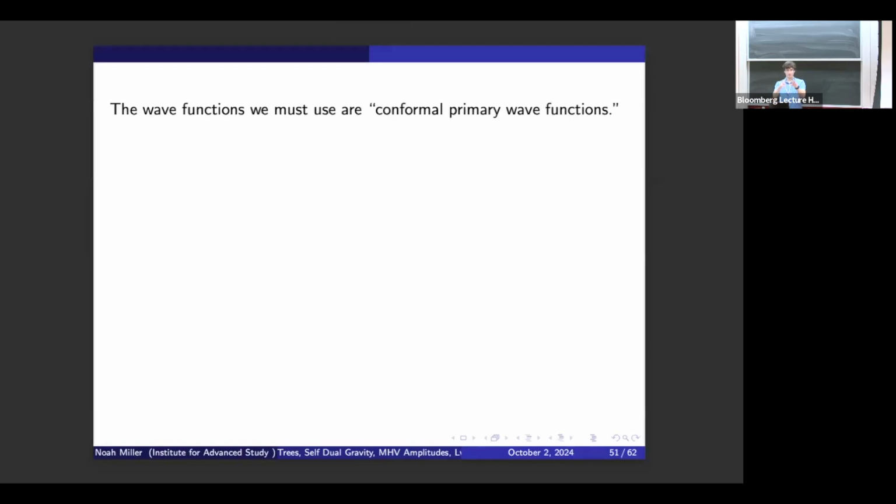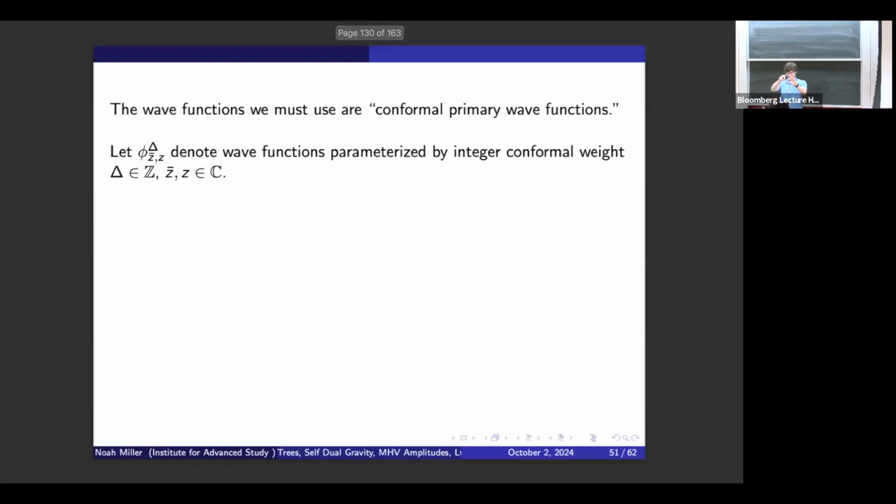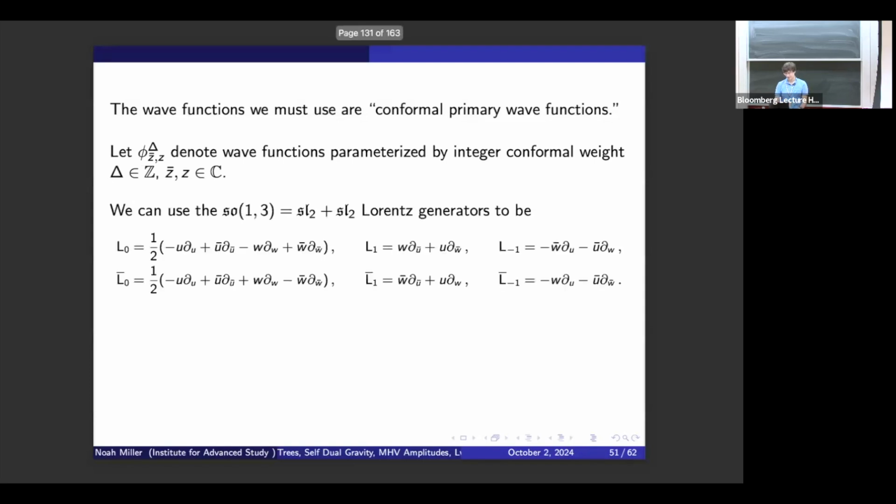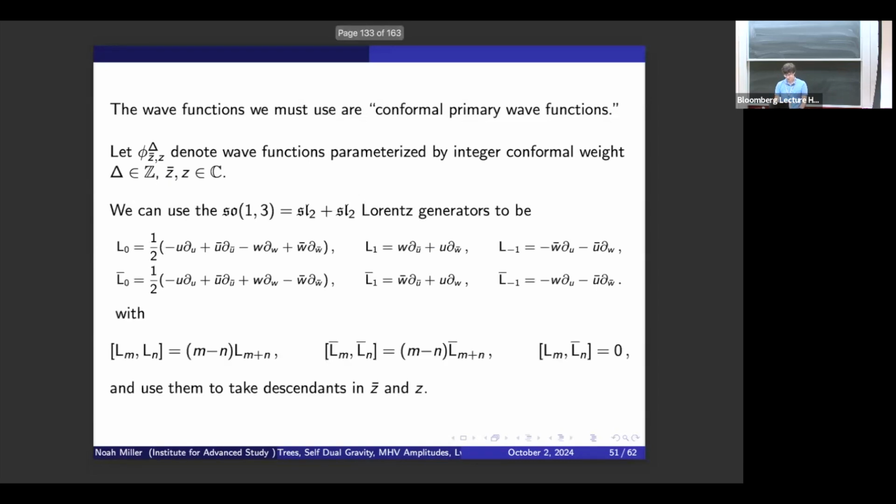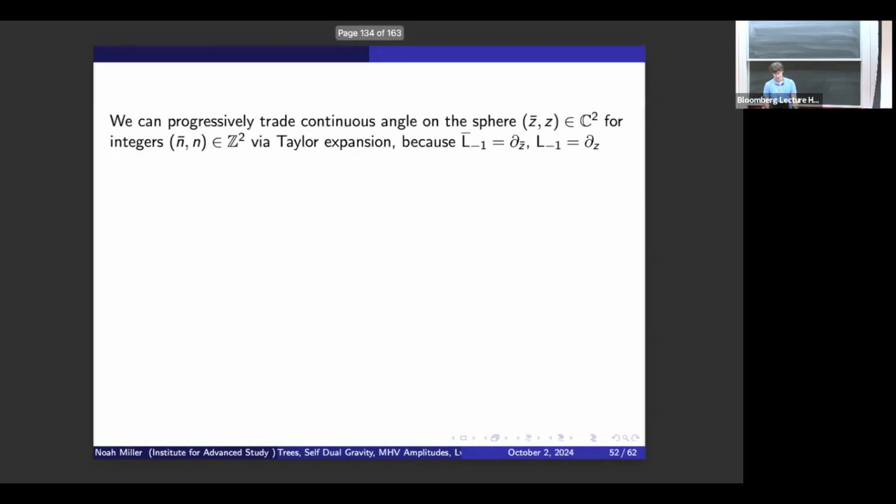The wave functions we use are the so-called conformal primary wave functions used in celestial holography. These wave functions are parameterized by conformal weight delta, and then z and z bar. You can act on them using the Lorentz generators, which you can split into SL2 plus SL2, and use these generators to take descendants in z and z bar.